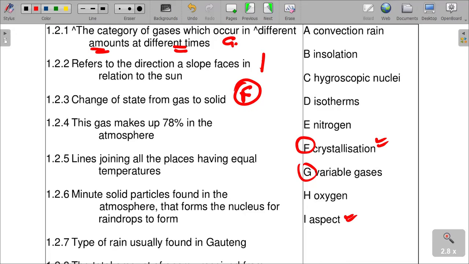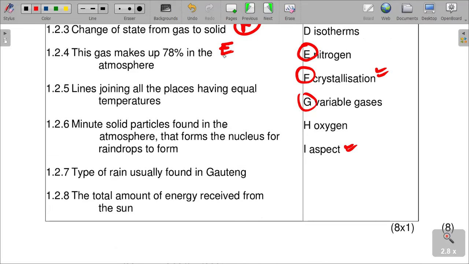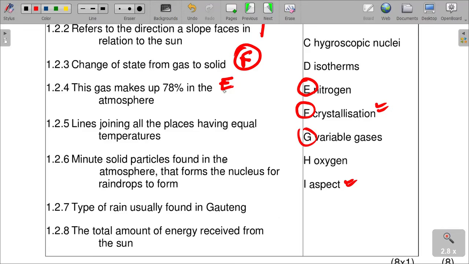And then, this gas makes up 78% of the atmosphere. I'm sure you remember the distribution of gases in the atmosphere. We have nitrogen. Nitrogen forms 78% of the atmosphere. And then, lines joining all places having equal temperature. When we talk about temperature, obviously we talk about isotherms.